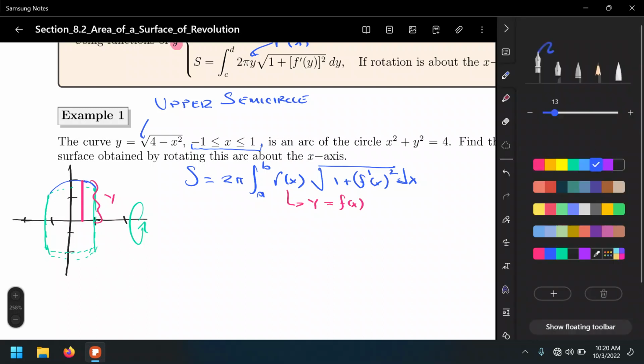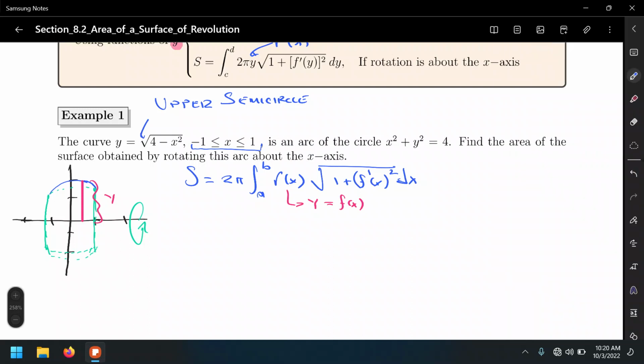Okay, so let's set it up. In this case, that's the integral from a to b. Actually, for now, from -1 to 1, and that's the function f of x, the square root of 4 minus x squared. From here, we're going to need the derivative of the given function.